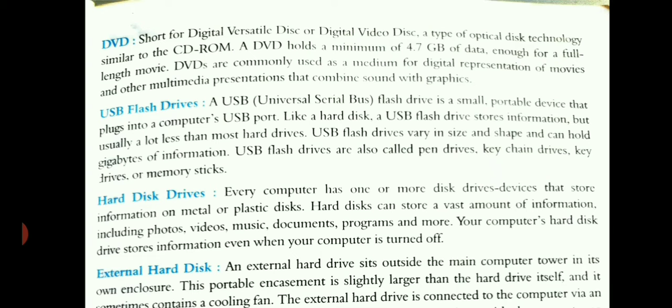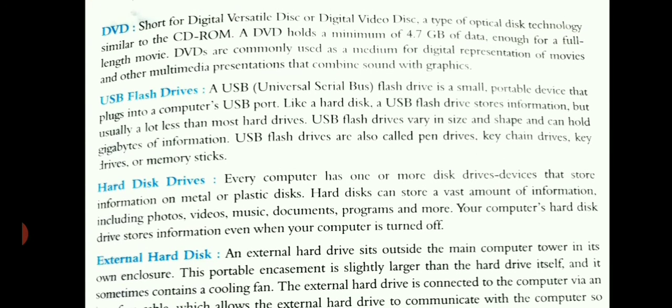So the hard disk is the main storage drive and the USB is a small part of your storage. USB flash drives vary in size and shape and can hold gigabytes of information. There are so many USB drives you can see in the market, with different capacities: 32, 16, 8 GB, and different companies.